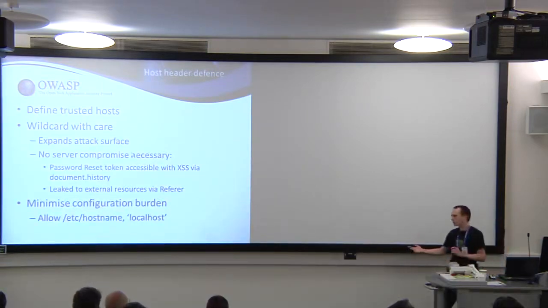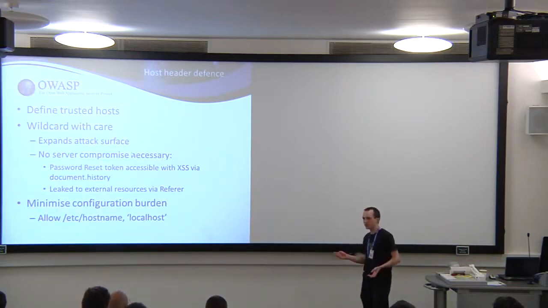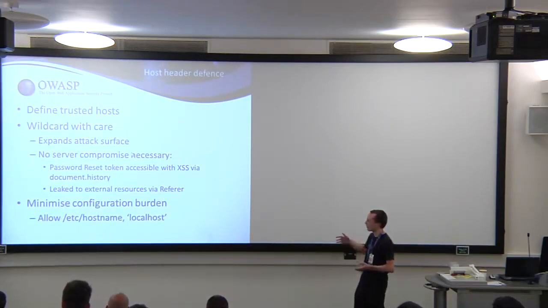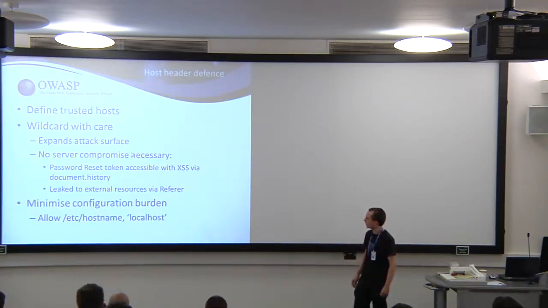To address these issues, it really boils down to making the host header as trustworthy as people assume that it will be. And that can be done by using a whitelist of trusted hosts. That's how the major frameworks have dealt with it. They allow wildcards, which can backfire, aside from people whitelisting star, obviously.